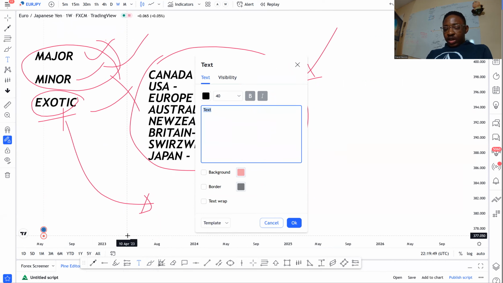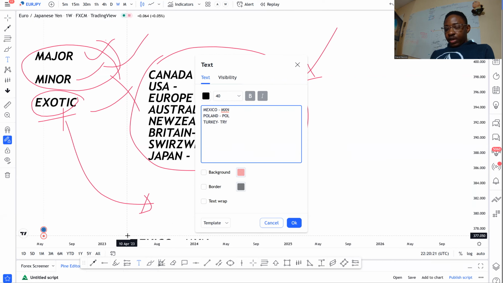So we have countries like Mexico, and they spend the Mexican peso, which is represented as MXN. We have countries like Poland, they spend the Polish zloty. We have Turkey, they spend the Turkish lira, which is also represented as TRY.